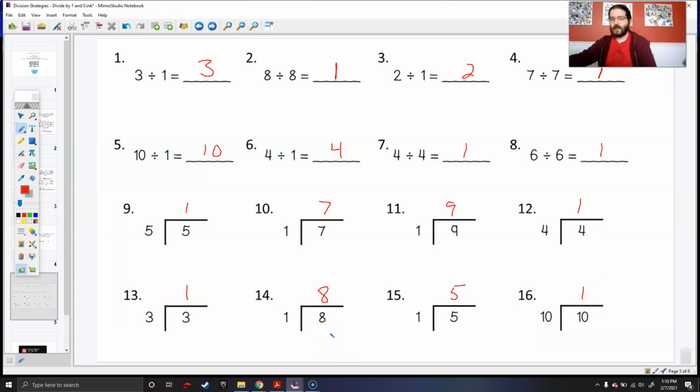All right? So whenever we divide by 1, we get the same number that we start with. Whenever we divide by the number itself, we're going to get 1.